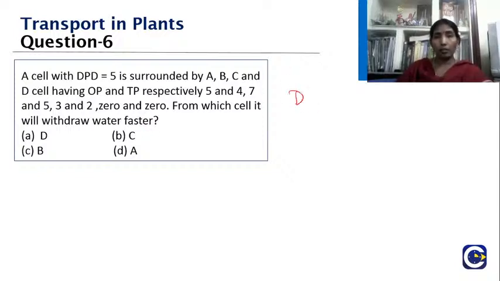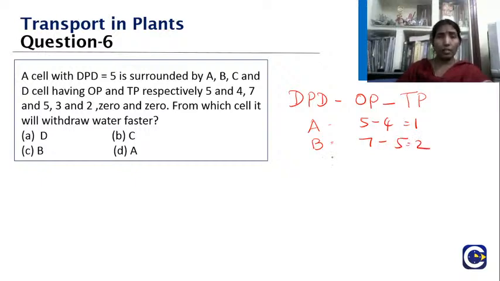Now I told you that diffusion pressure deficit is nothing but the difference between the osmotic pressure and the turgor pressure. Now what have they given with cell A? They have given 5 and 4. So how much should it be? 1. What about B? It is 7 and 5, right? What must it be with cell C? 3 and 2, right?